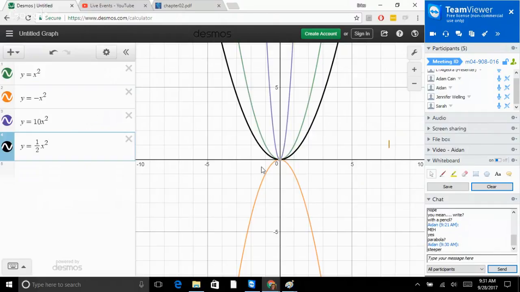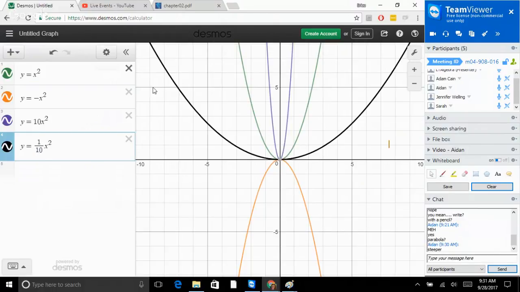It's going to give us a little bit more gradual of a parabola. And let's say I did a really small fraction, like 1/10. Then our parabola is really just going to kind of meander up there, right? Have you guys seen all this before?